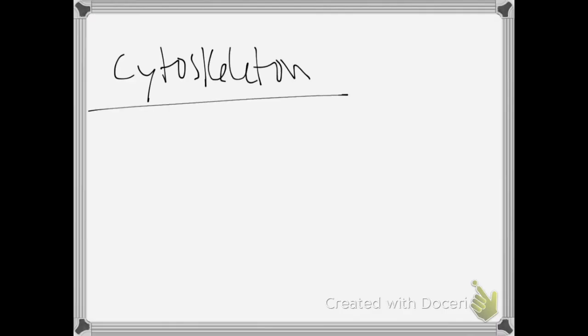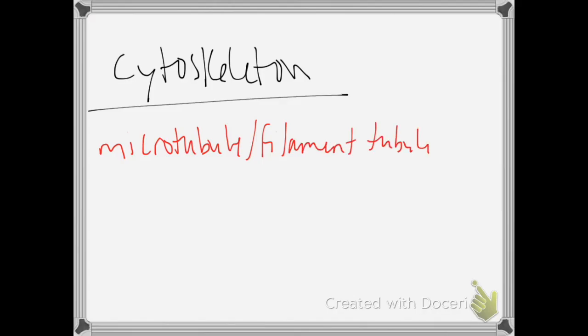Next we can go to the cytoskeleton. So the cytoskeleton is made up of three different things. We've got microtubules, also called filament tubule. We have microfilaments.